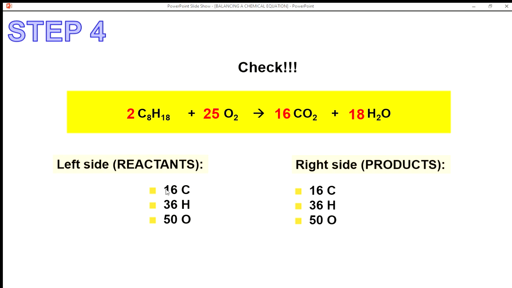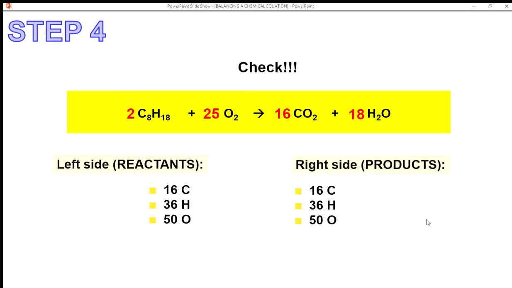So therefore hydrogen atoms are balanced on both sides. And 16 times 2, 32, plus 18 is 50. So that means the oxygen atoms are also balanced on the right side and the left side, 50 oxygen atoms.